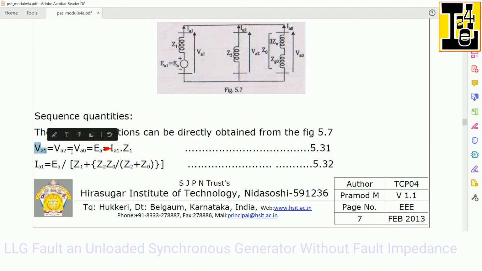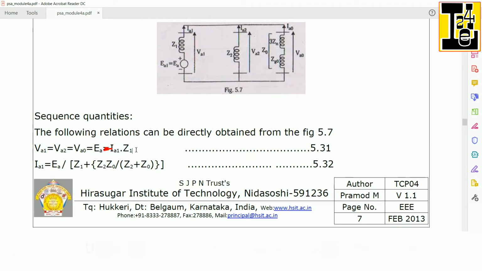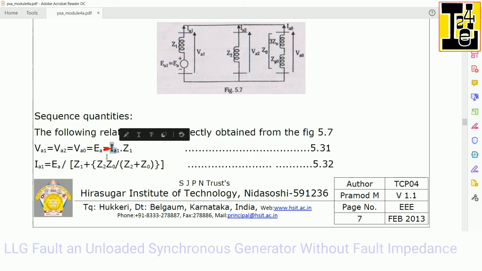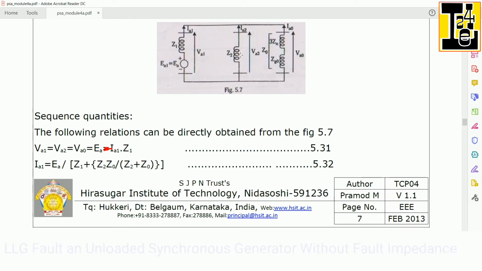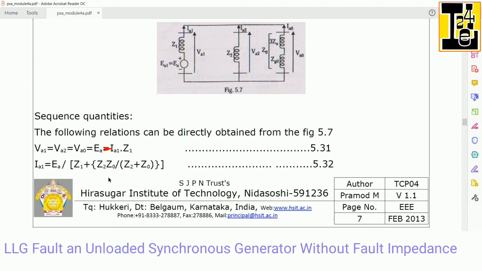We have the expression for IA1 as the main current which is flowing into the circuit. IA1 is equal to the EMF source of the circuit divided by the total impedance of the circuit. If you find the equivalent impedance by standing at this point of the source, we come to know that Z2 and Z0 are in parallel, and this parallel combination of Z2 and Z0 is in series with Z1.